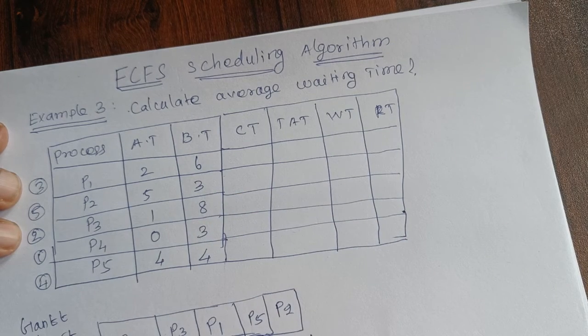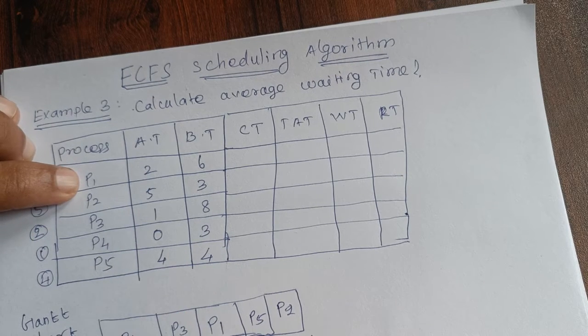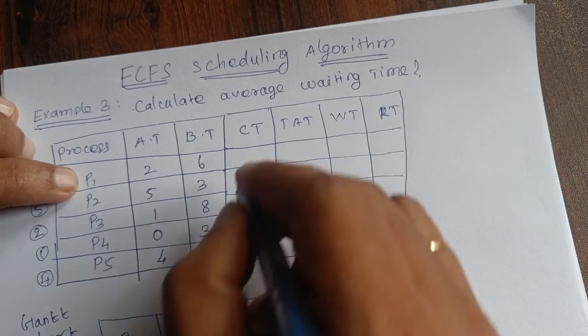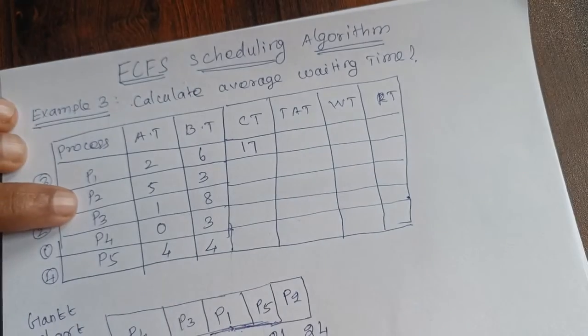From the Gantt chart we take the completion time. For the P1 process, what is the completion time? 17. Next, P2: the completion time is 24.